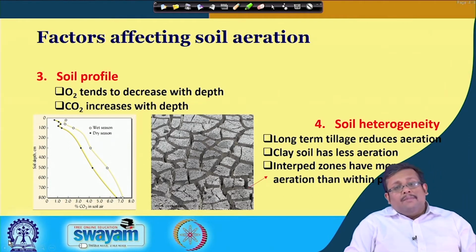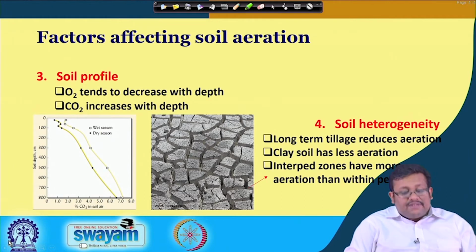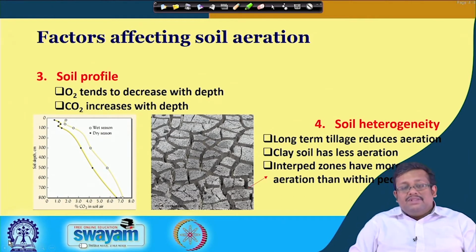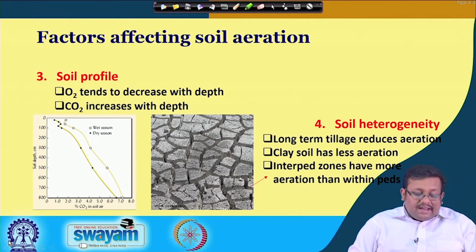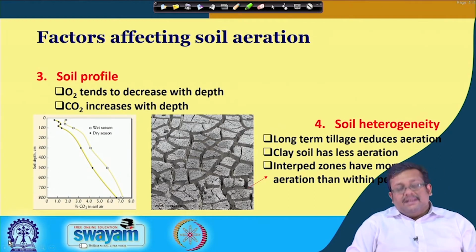So we were talking about soil factors affecting soil aeration. One of the major factors which affects soil aeration is the soil profile, and you know that oxygen tends to decrease in the soil with depth, and the vice versa trend can be found in the case of carbon dioxide, because carbon dioxide generally increases with depth in the soil.